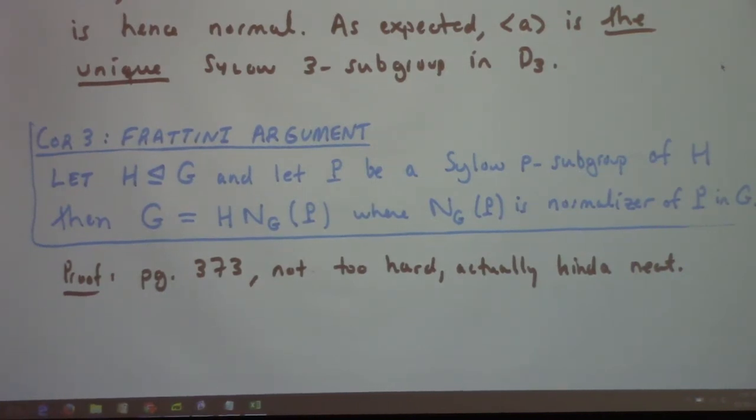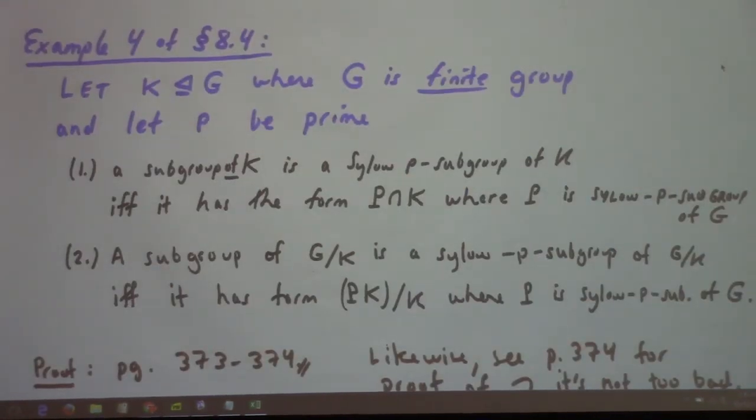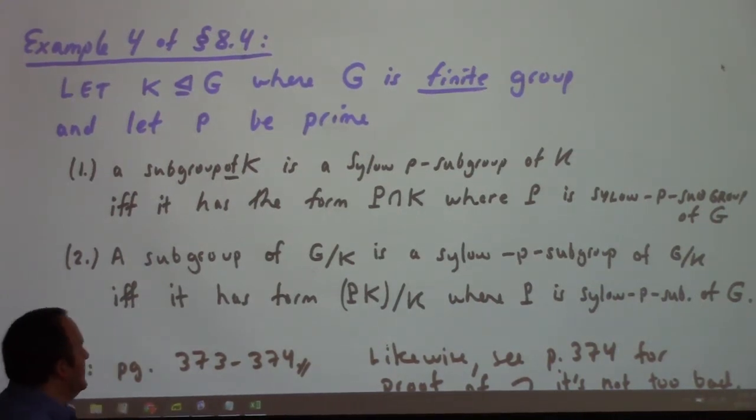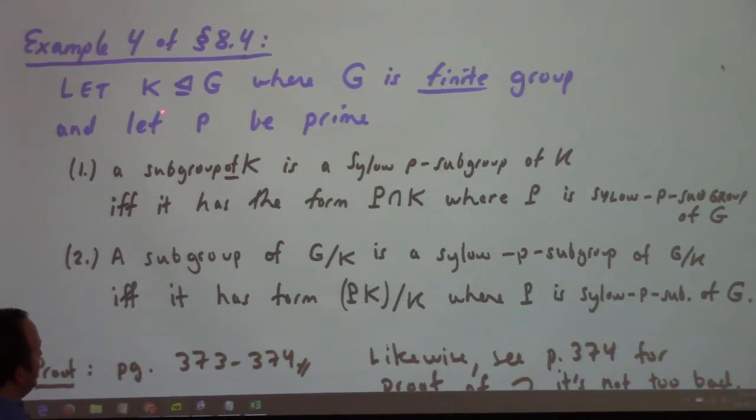The proof of this is not that hard. It basically goes back to section 8.1 in chapter 8, where we had those products about building groups from products of subgroups. This is also very natural, these results here. Point number 1 says if you've got a normal subgroup K of G, what do the Sylow P subgroups of a normal subgroup look like?